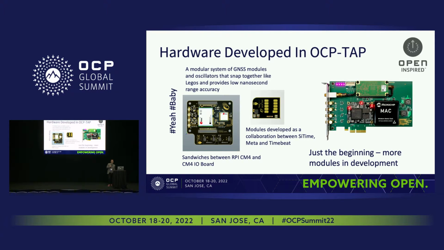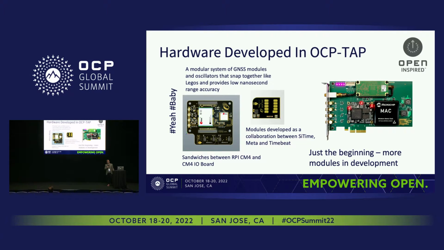And recently we've come out with the baby brother of the time card, which is what you can see there on the left, the black module there. It's a small form factor, sort of fits under a CM4 Raspberry Pi, if you're familiar with that.